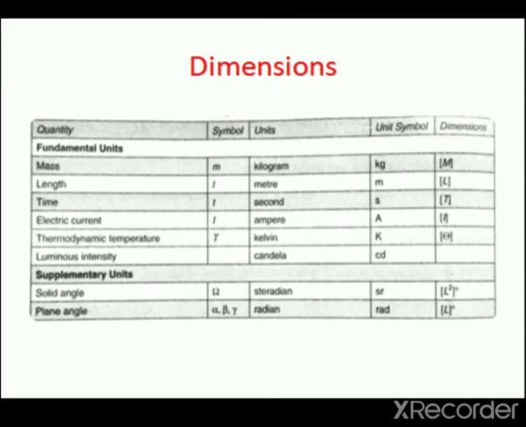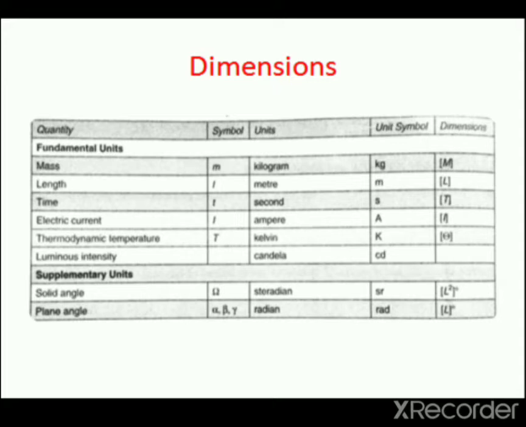So here you can see quantity, symbol, units, unit symbol, and dimension. After that, here the categories fundamental units and supplementary units. We will see later the derived units. A derived unit is always represented by a complete algebraic formula known as the dimension.